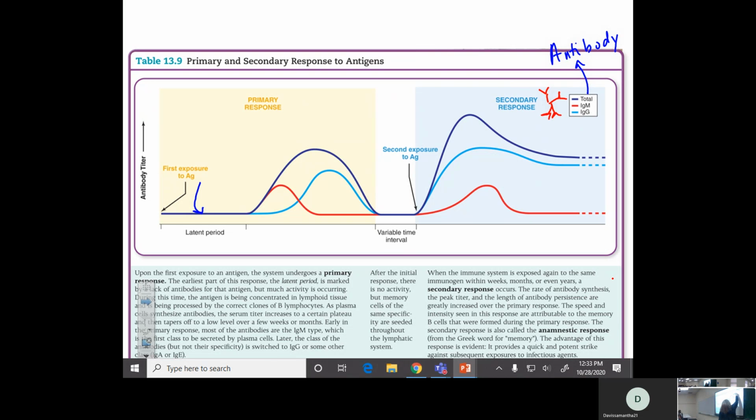And IgG is the other major blood plasma antibody. When you mathematically add the red and the light blue together, that's the dark blue. So when you draw it, you just need to focus on the dark blue line.